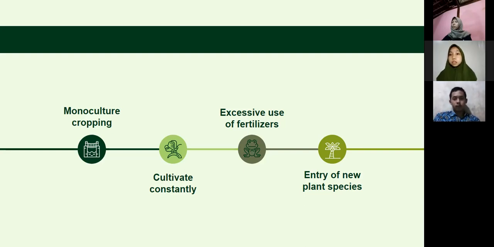Four is entry of new plant species. The introduction of plant species not previously present in the area often creates conditions suitable for an increase in pest insect population. Next.